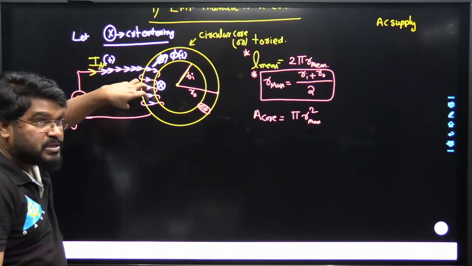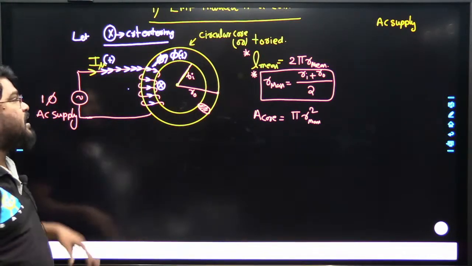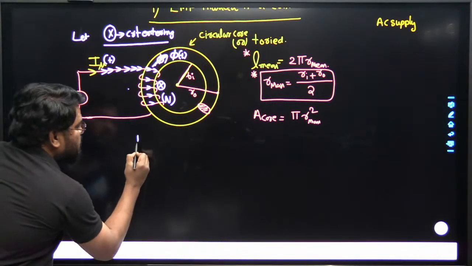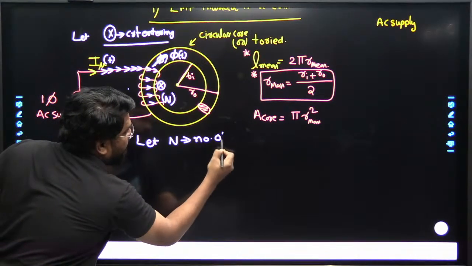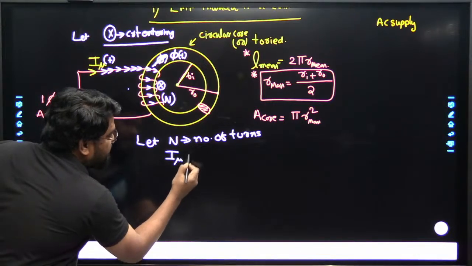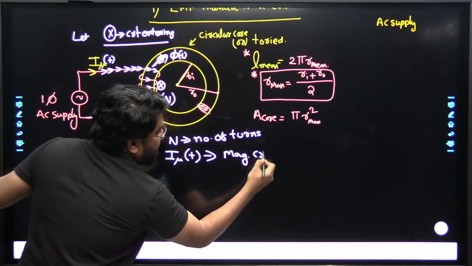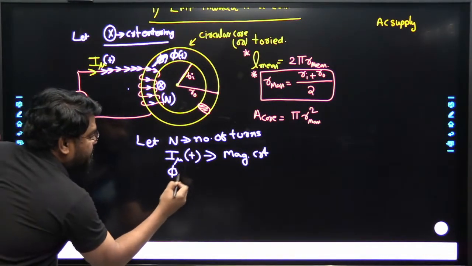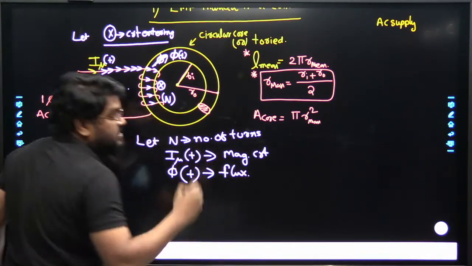Whatever flux is produced in the coil also links with the N number of turns. Let us assume N is the number of turns of the coil, i mu of t is the magnetizing current, or time varying current, and φ of t is the time varying flux.